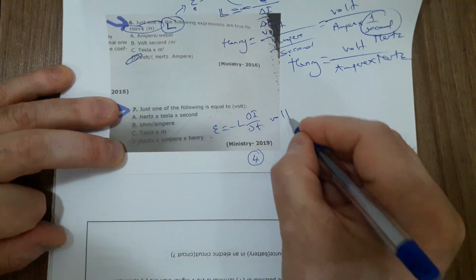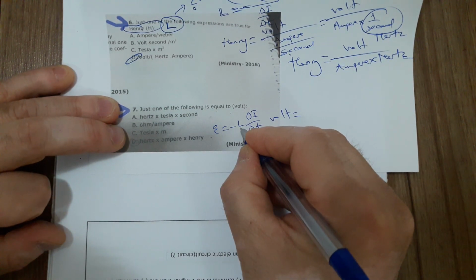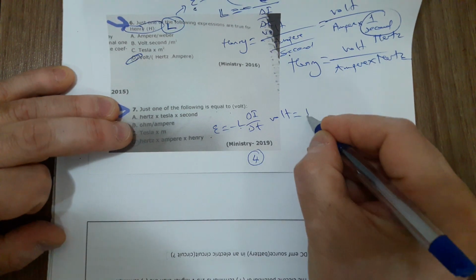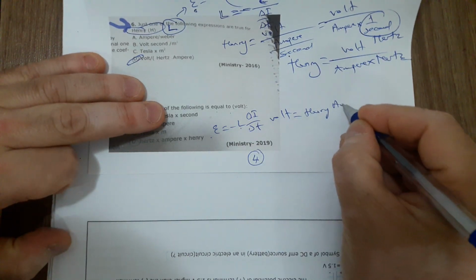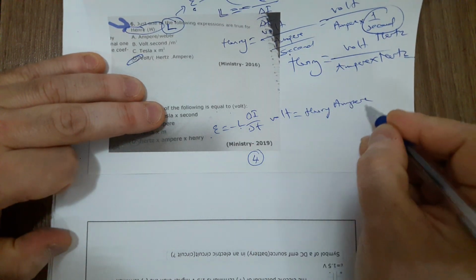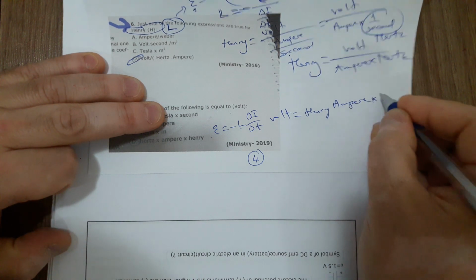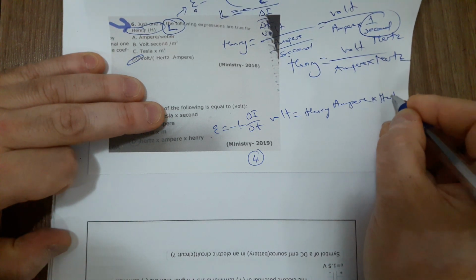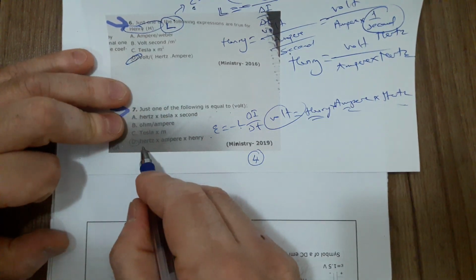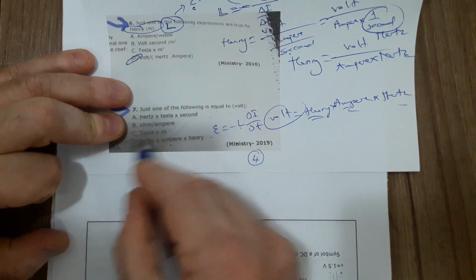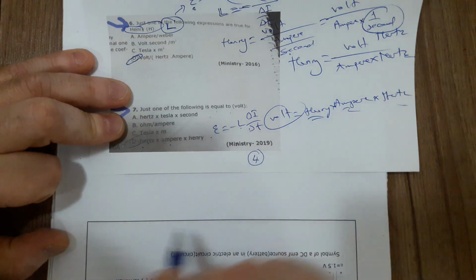E is volt, L is Henry, delta I is ampere, and delta T is 1 over second. 1 over second is hertz. So Henry times ampere times hertz is volt. Henry times ampere times hertz is equal to volt.